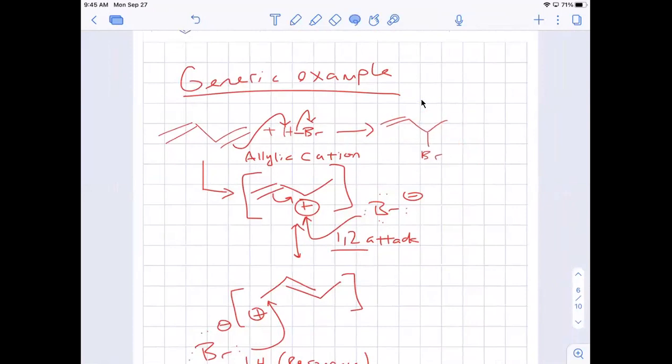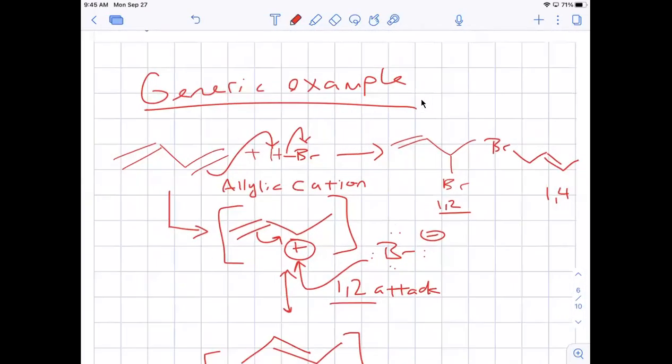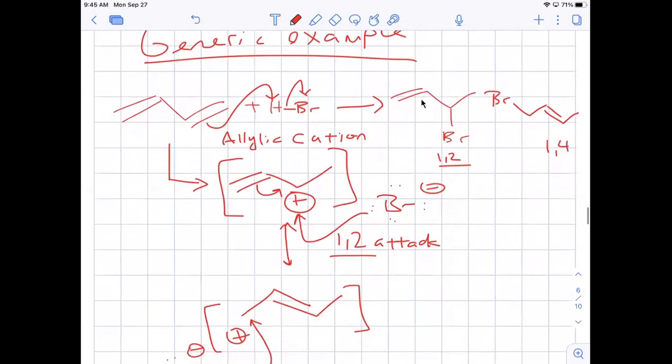And then the other product with the bromine here, like that. So this is my 1,2, and this is my 1,4 product. Right, so anytime you have a conjugated diene and you add HX to it, it's going to go through this mechanism where bromine can attack directly at the plus charge, or it can attack the resonance form of that cation.